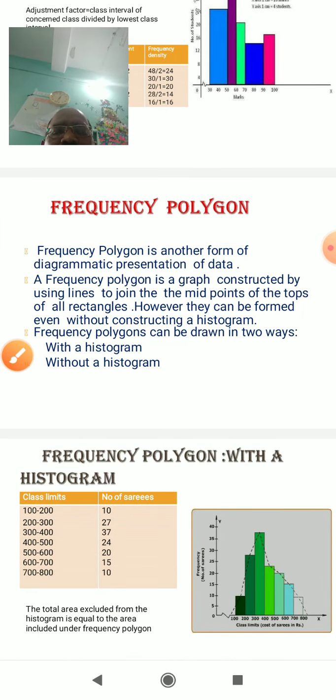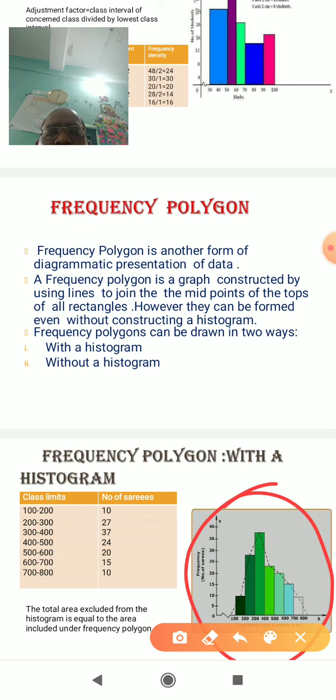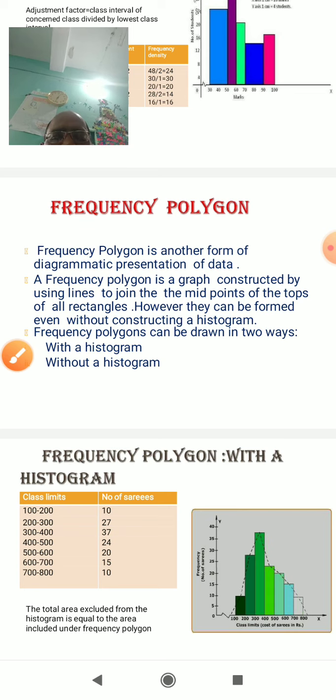First, frequency polygon with histograms. In this case, we have to construct the histogram first, with classes 100 to 200, 200 to 300, 300 to 400, 400 to 500.